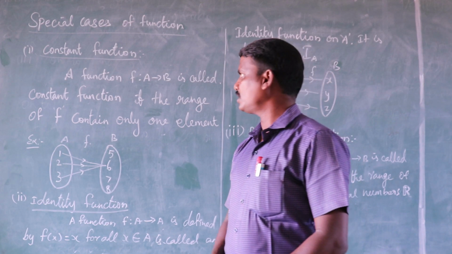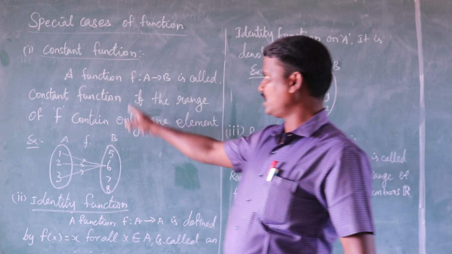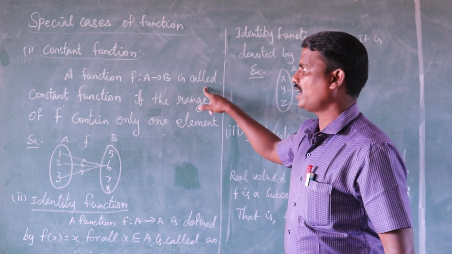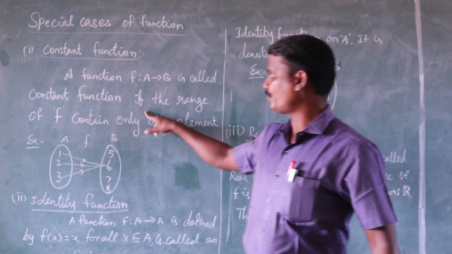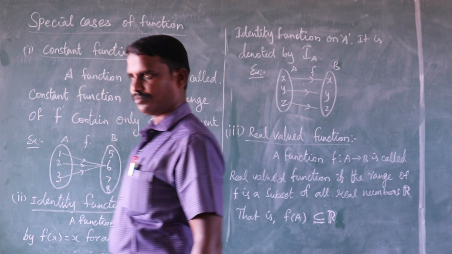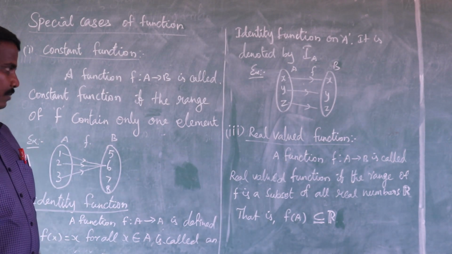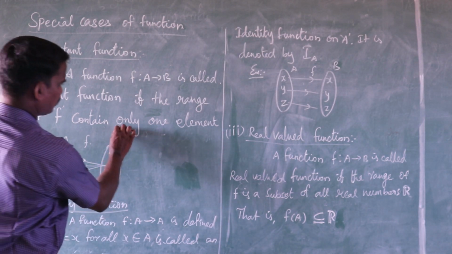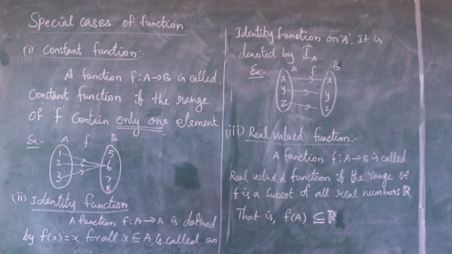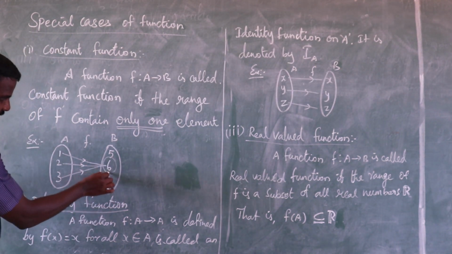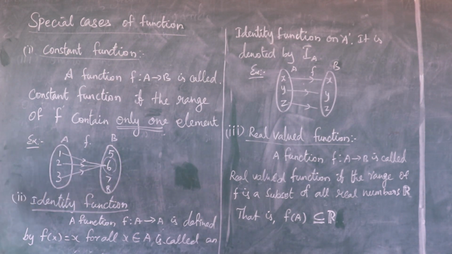So constant function: a function f from A to B is called constant function if the range of f contains only one element. We saw here 6 is the only range of the function. So this one is called constant function.